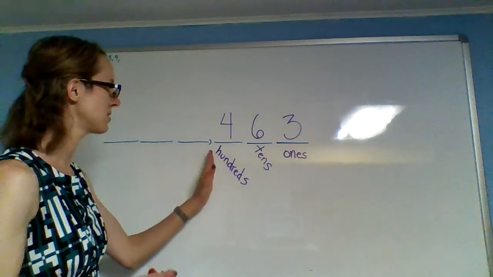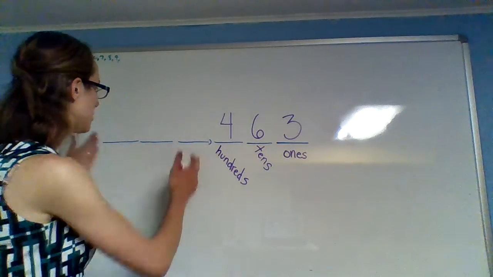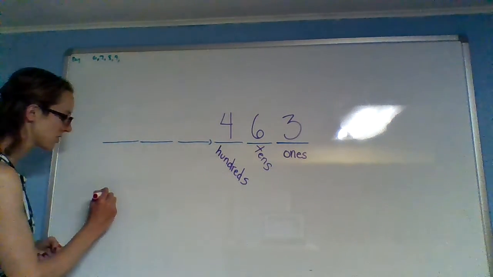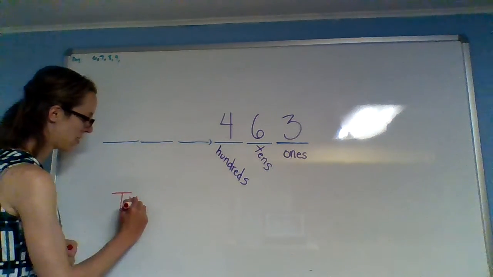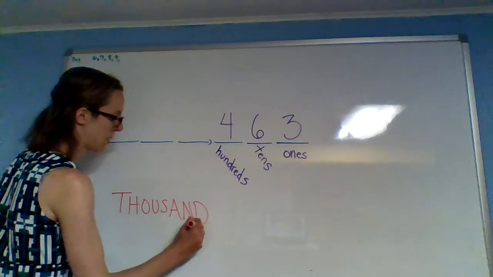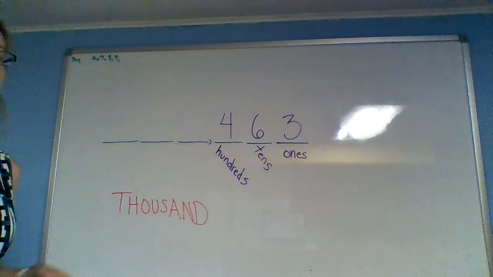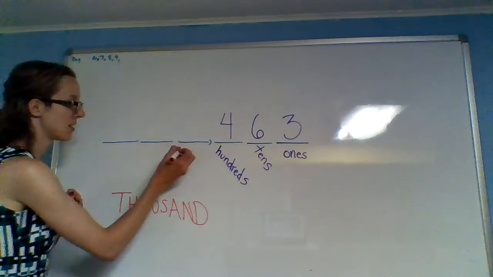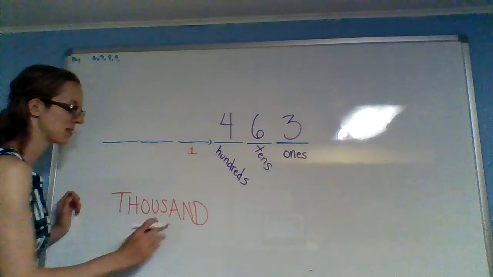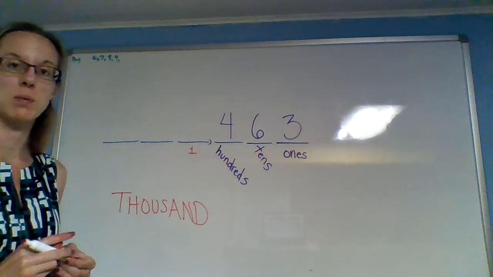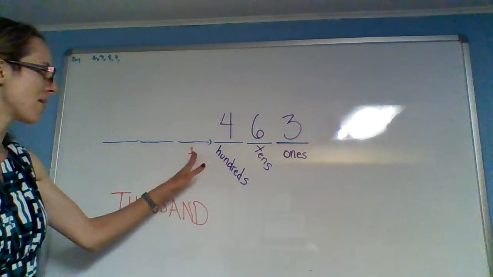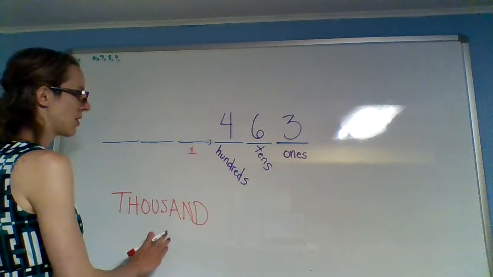So when I get past the hundreds, there's a comma to separate out the next chunk of numbers. The next chunk of numbers is all about the thousands. The first spot after the comma is just the thousand spot. You can think of this kind of like the ones of the number world. So just like we had ones over here representing 3 ones, whatever we put in here is just single thousands.